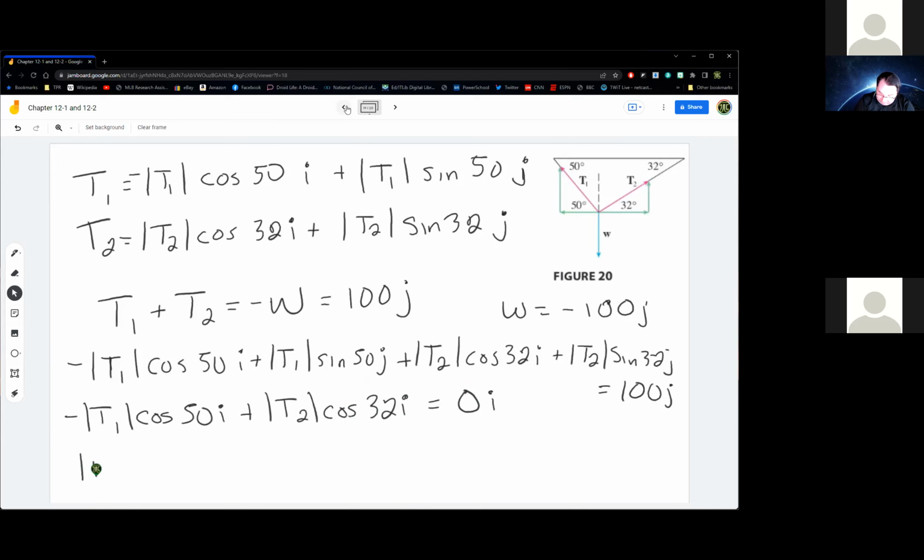And then T1 sine 50 J plus T2 sine 32 J has to equal 100 J.